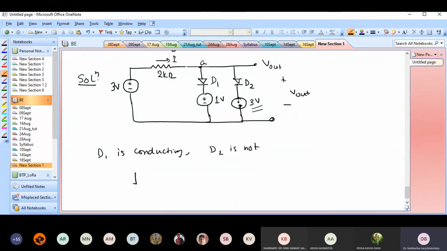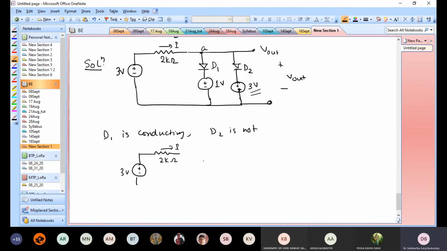So my eventual circuit would look something like this: 3 volts. So let's not draw the diode here. I'll just say that this is a short-circuited diode. Plus 1. And this is 1.